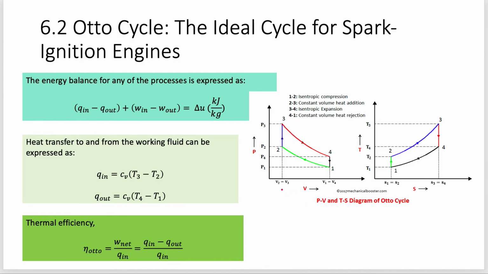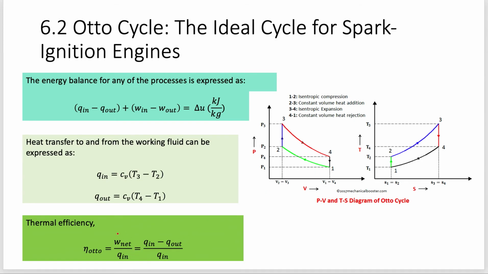And here come all the equations. For Q in, state 2 to 3, since this is constant volume, we use Cv: Cv (T3 minus T2). And Q out also occurs at constant volume, therefore Cv (T4 minus T1).